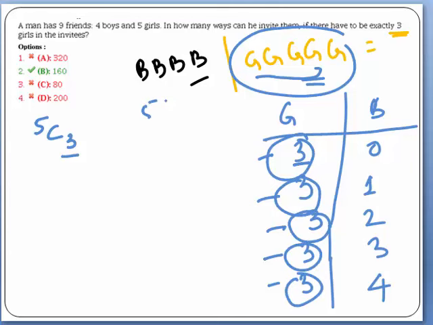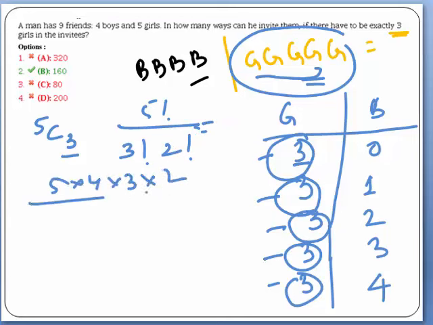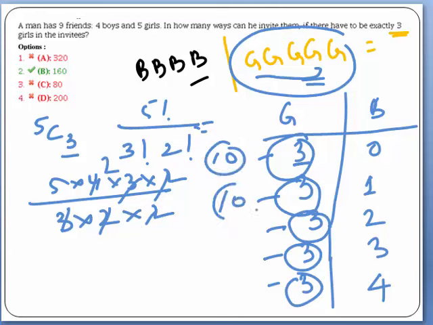Which is 5 factorial divided by 3 factorial divided by 2 factorial, which will be equal to 5 into 4 into 3 into 2, divided by 3 factorial times 2, so there are 10 ways to pick up girls out of this.